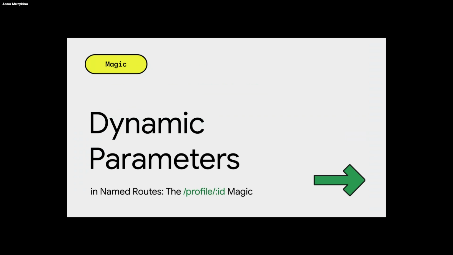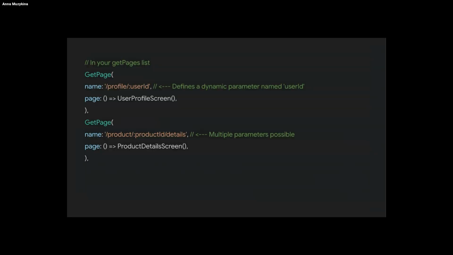Okay, let's move fast. Dynamic parameters. This is often where the magic of GetX named routes truly shines and was a point of confusion earlier. So let's deep dive into it. Imagine you have a list of users, and when you tap a user, you want to go to their specific profile page, right?